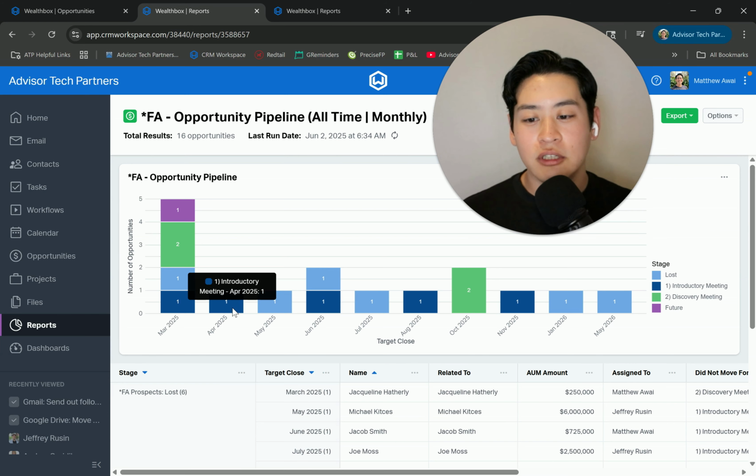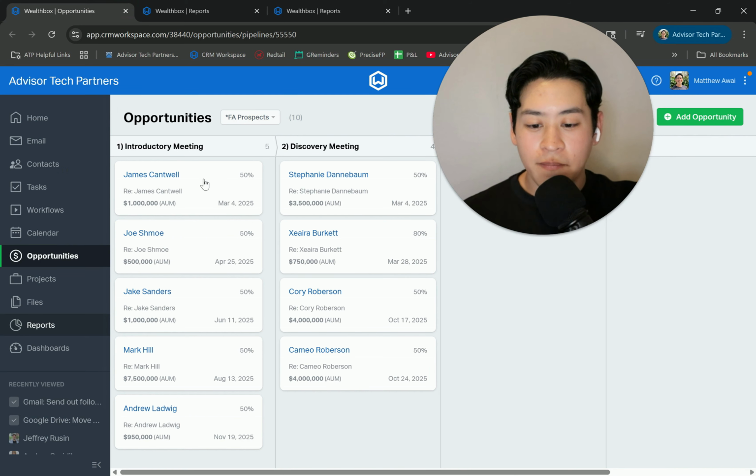What we're trying to establish in the opportunities are real opportunities that are moving forward with us. And what we can see here, March 4th, April 25th, June 11th is a good one, August 13th, November 19th, but again, we're assuming here that we are in May or June of 2025. So these are definitely outdated.